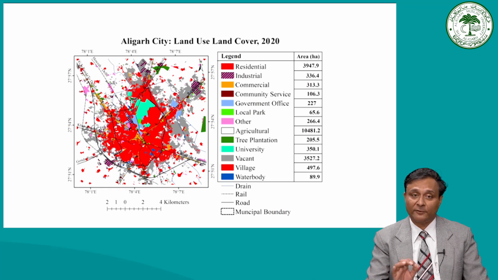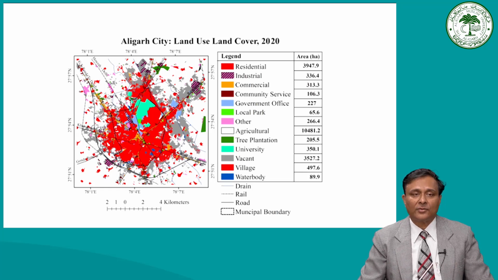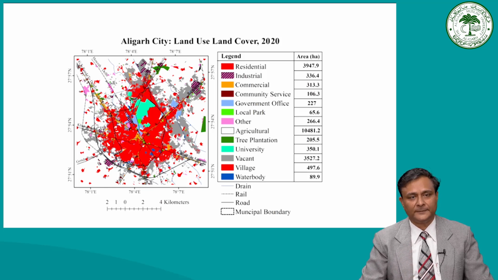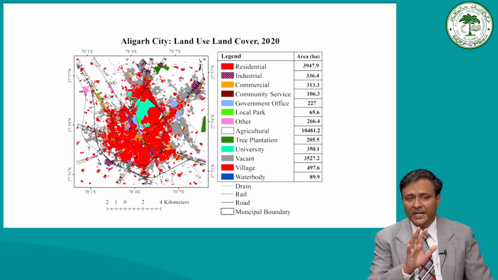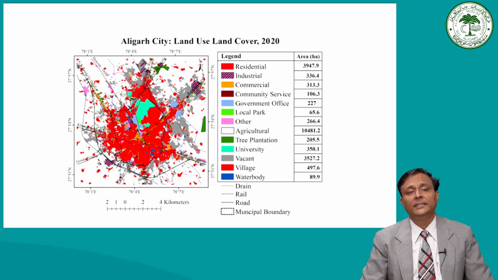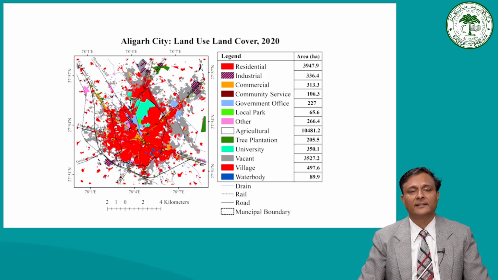Because that's very important. It's not only about how the city is expanding, but also about which land use class is becoming prominent. It might not be very clearly visible to you in the map, so you can consult the data also. Both of them are going simultaneously in these slides.